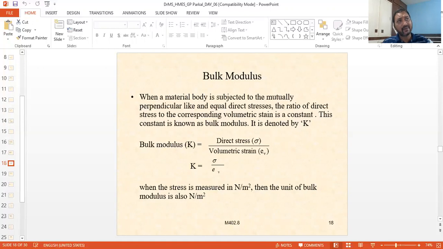That force only we have to take, and the direct stress is obtained by the equation: direct stress is equal to force by cross section area, where the force acts perpendicular to the cross section.